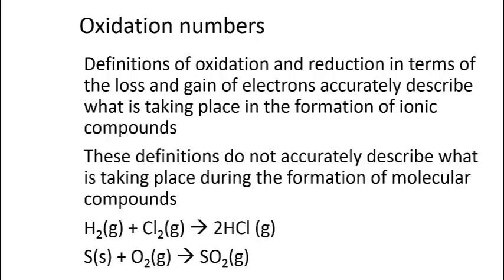Nevertheless, chemists still find it convenient to assign oxidation states to these compounds and treat the reactions as redox reactions, since experiments have actually shown that a partial electron transfer does in fact take place in the formation of a molecular compound.